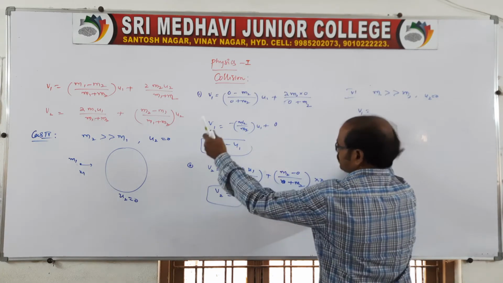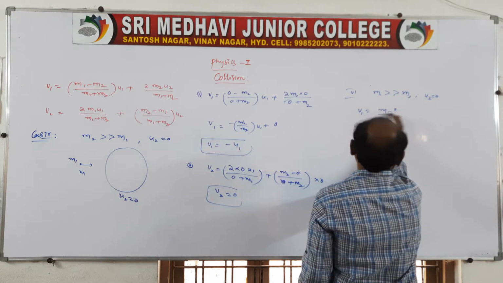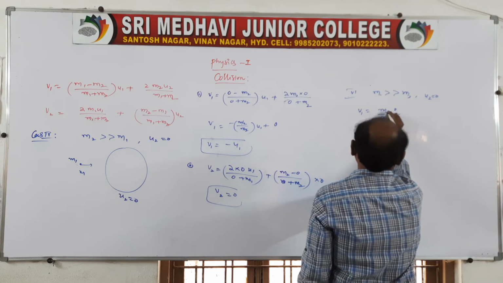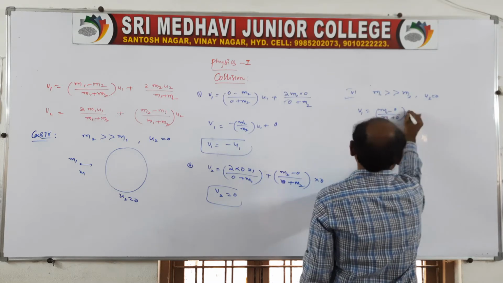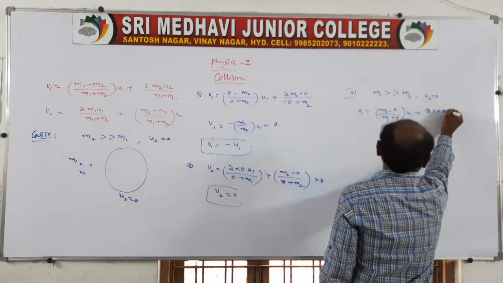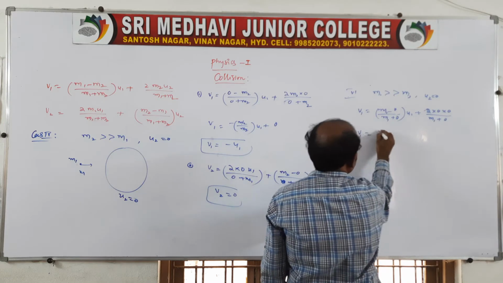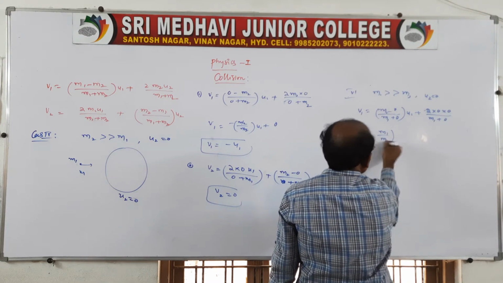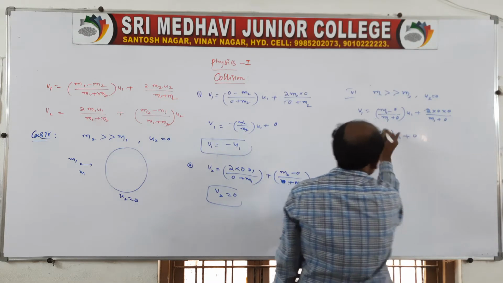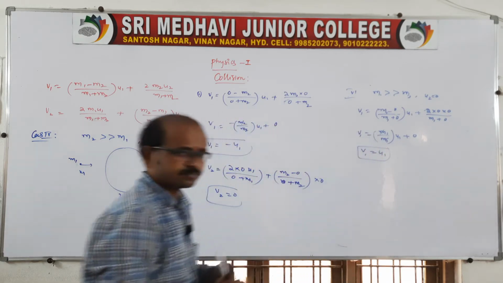So v1 we know: m1 minus m2, with m2 made 0, by m1 plus 0, into u1, plus m2 into u2, which is 0, by m1 plus 0. So v1 is equal to m1 by m1 into u1 plus 0. So m1 cancels, and v1 is equal to u1.